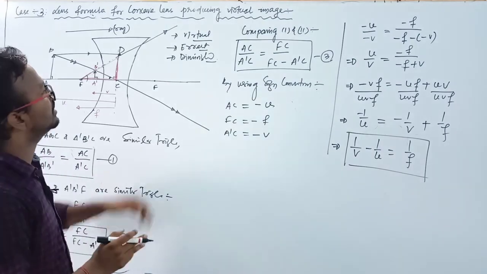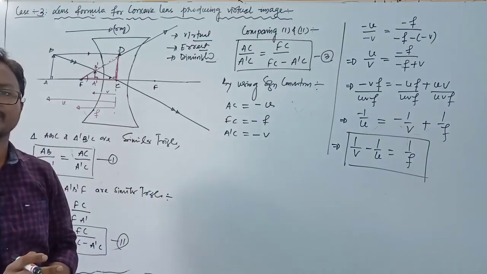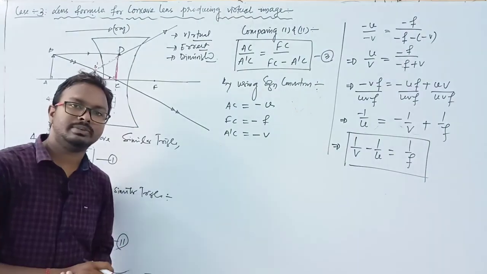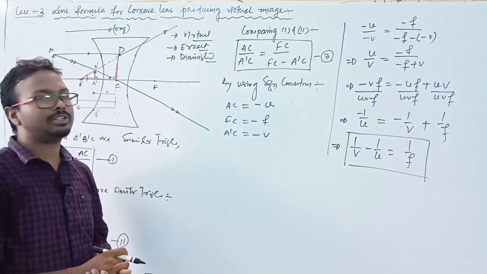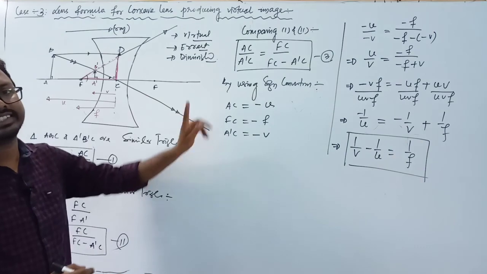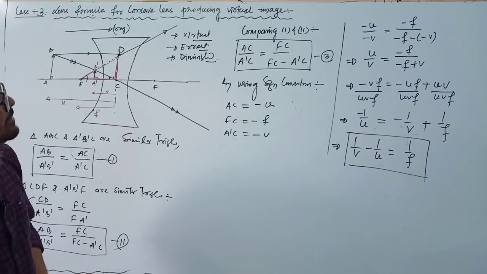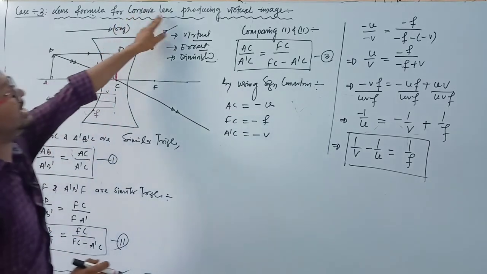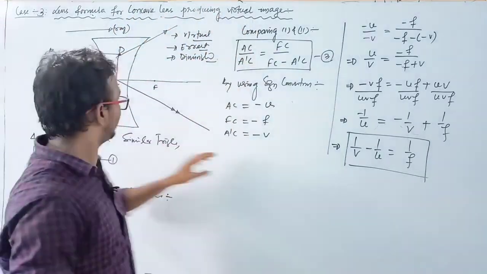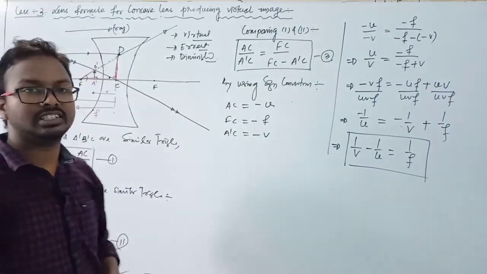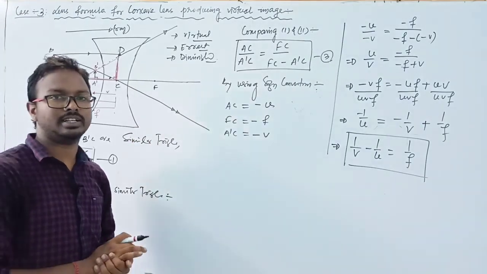So you have to use the first case. For a virtual image you have to use the second case. Or derive the lens formula by using a concave lens, which produces a virtual image; then you have to derive this relation. Clear? This is all about the thin lens formula. Thank you.